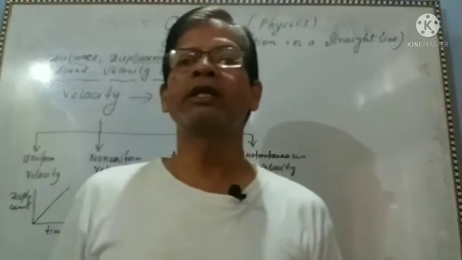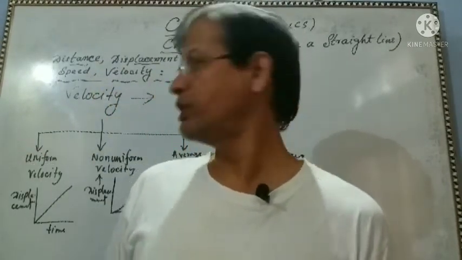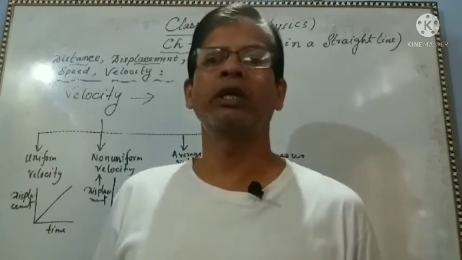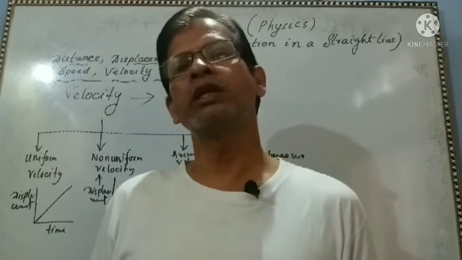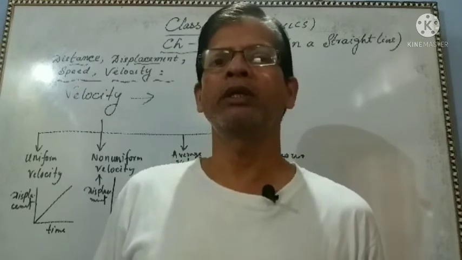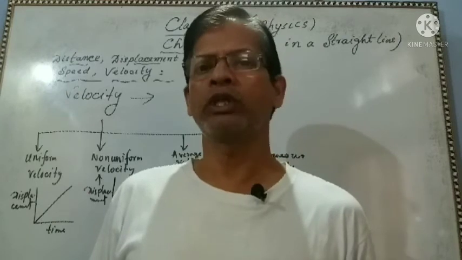And you will see sometimes uniform motion, non-uniform motion. Uniform motion means the same as uniform velocity: if a body covers equal distance in a definite direction in equal intervals of time, this is uniform motion.